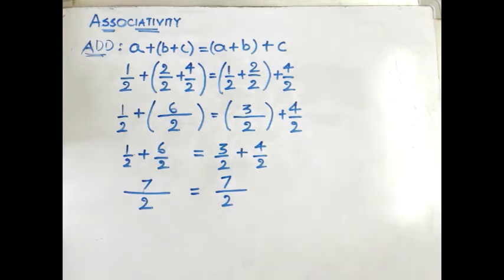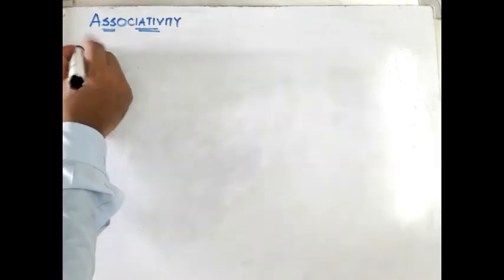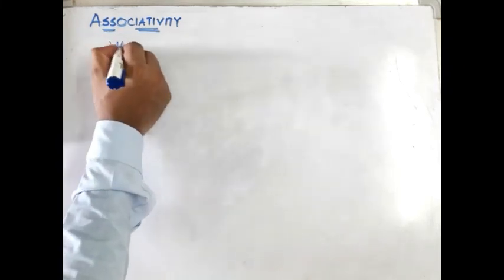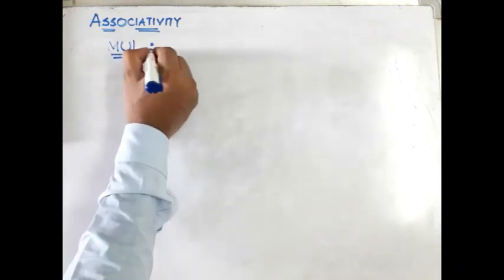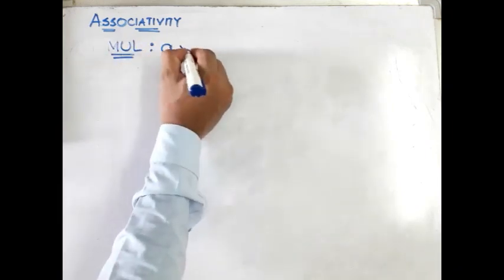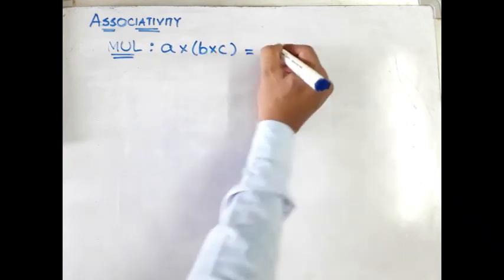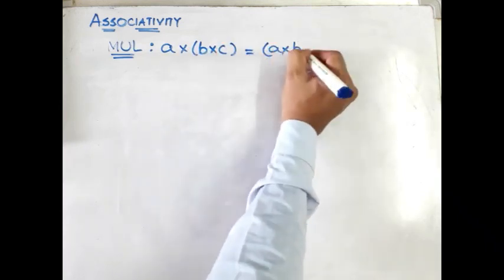Now let us check associativity under multiplication. So to check the associativity for multiplication, let us check a into (b into c) is equal to (a into b) into c.